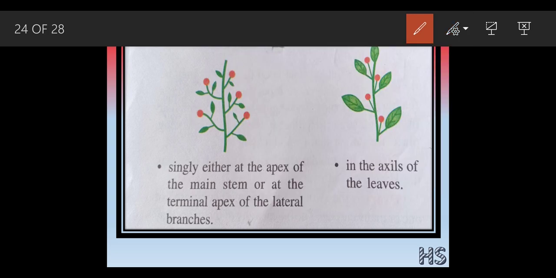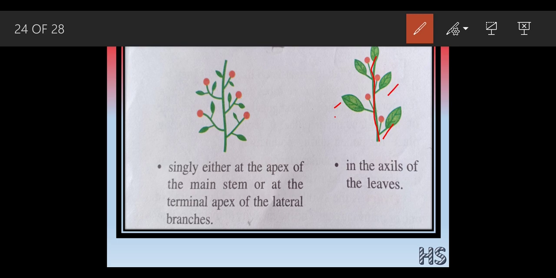Now see this part, B1. In the axil of the leaves. What do you mean by axils of the leaves? See, suppose this is a main stem. Okay, there are some leaves you can see out here.